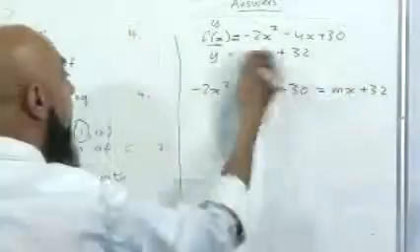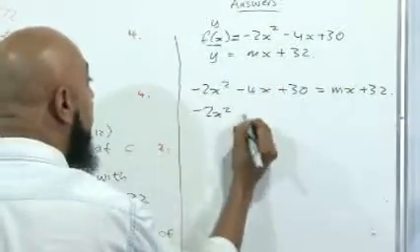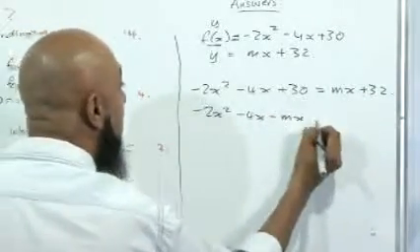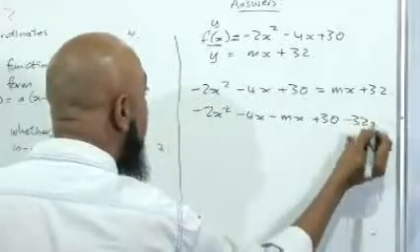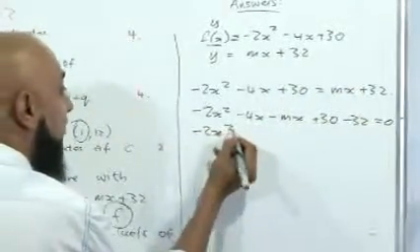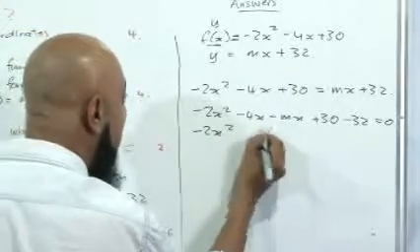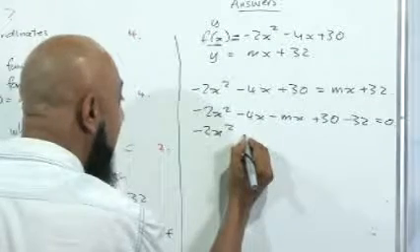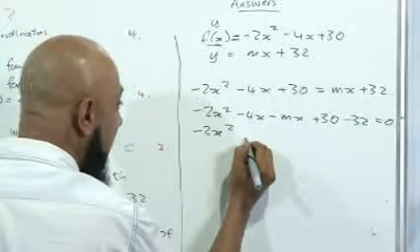We're now going to pull all of them together: minus 2x squared, minus 4x, minus mx, plus 30, minus 32 is equal to 0. I'm putting the x's together. So we've got negative 2x squared. We can take out x as our highest common factor. Let's take out minus x. In fact, this one gets a little bit tricky.